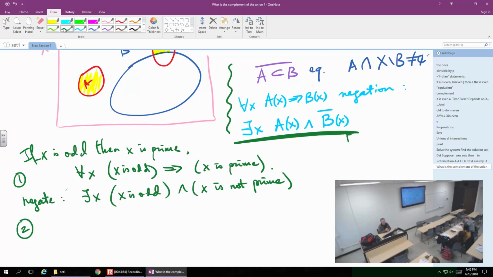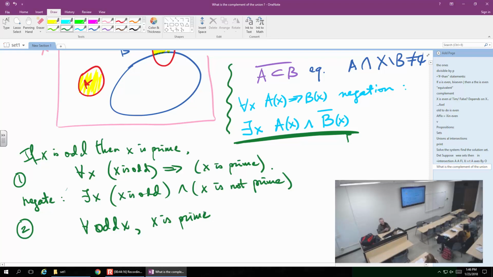In other words, there is no "if" and "then." Well, I still have to start with "for any x," but how about this way? For any odd x, comma, x is prime.